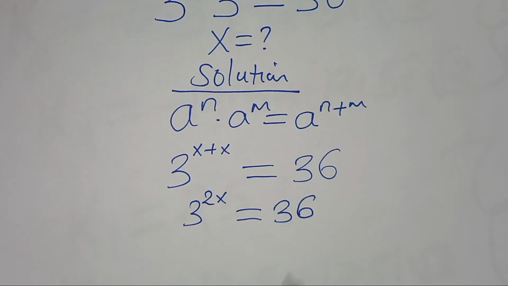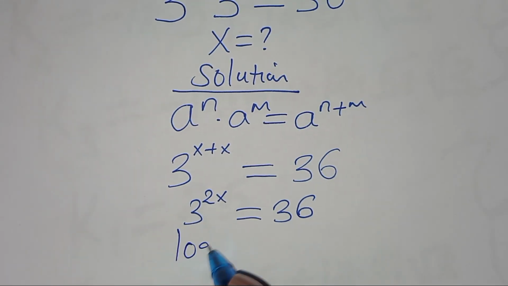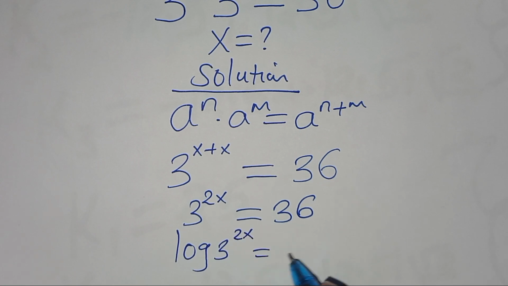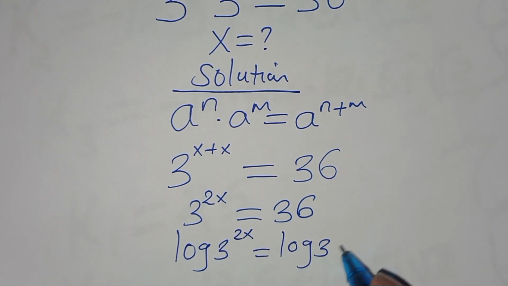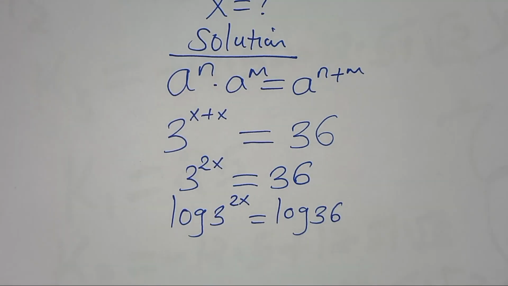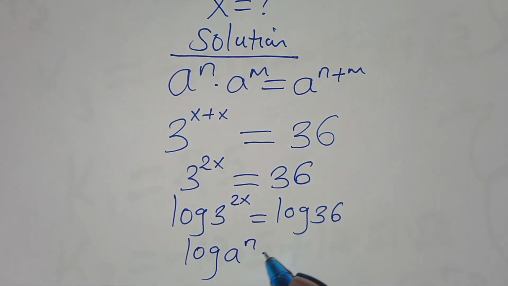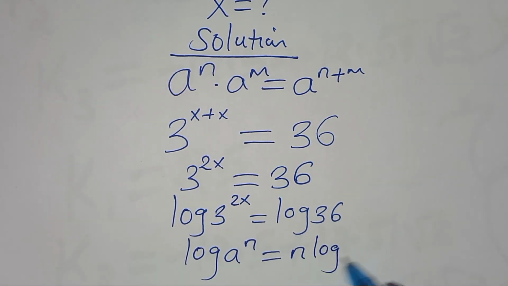To solve for the value of x here, we introduce the logarithms on both sides. So log 3 to power 2x, this is equal to log 36. So log 3 to power 2x, this is in the form of log a to power n, which we can express as n log a.